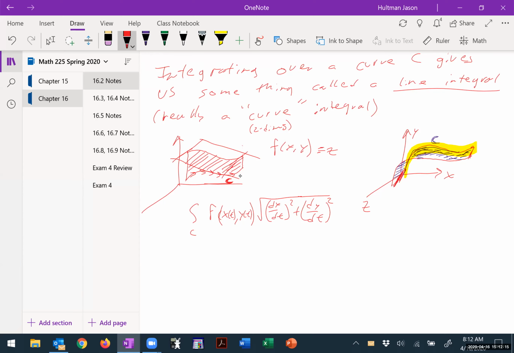And this is how we get something called a line integral.